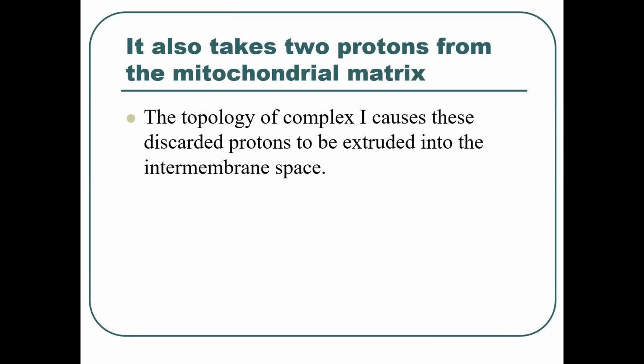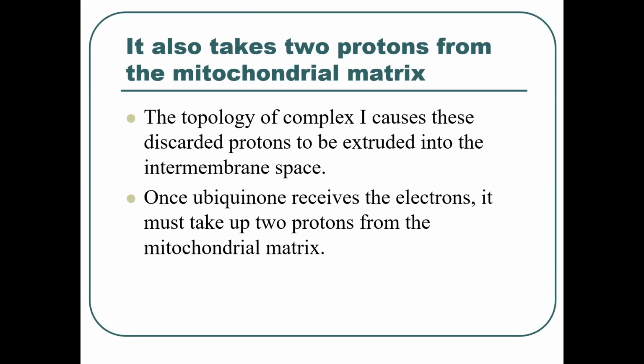Not only will the topology of complex 1 cause the discarded protons to be extruded, but several of the polypeptides that compose complex 1 that are in the membrane actually have a large degree of similarity with various types of proton pumps. So that part of the protein might very well help pump the protons out as well.